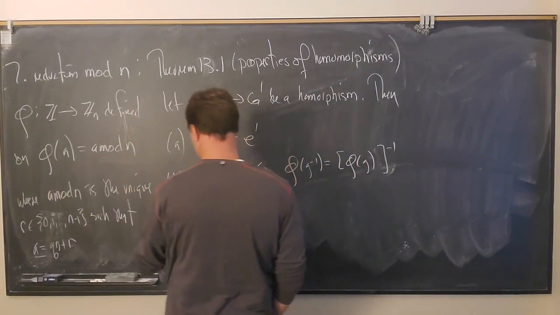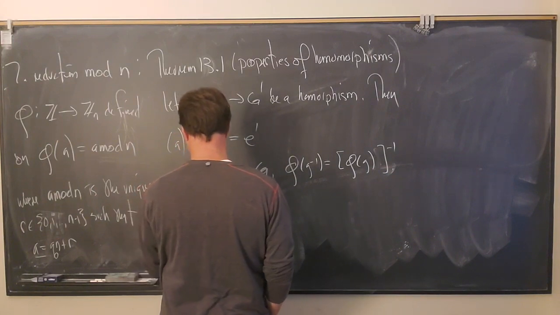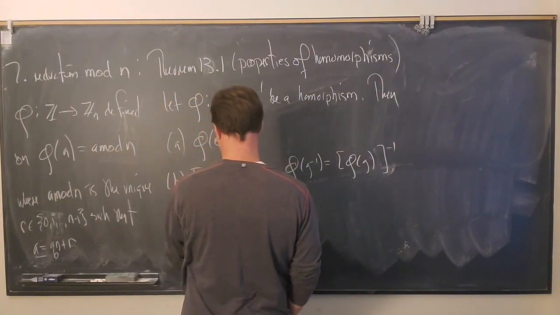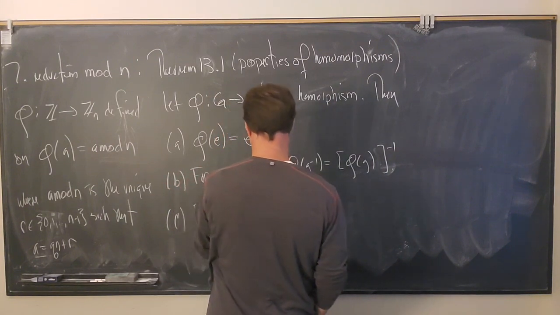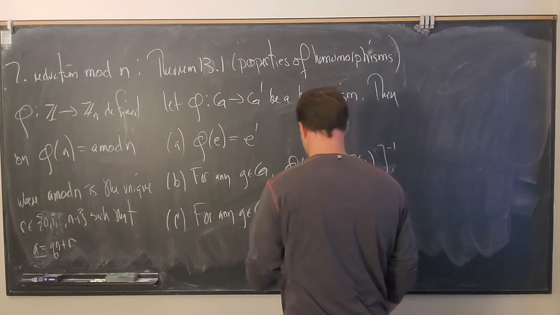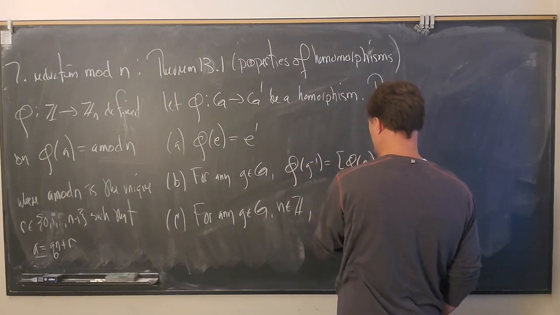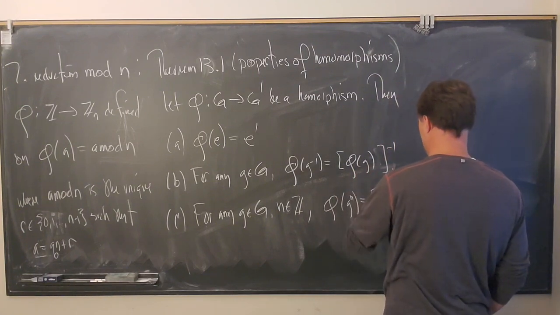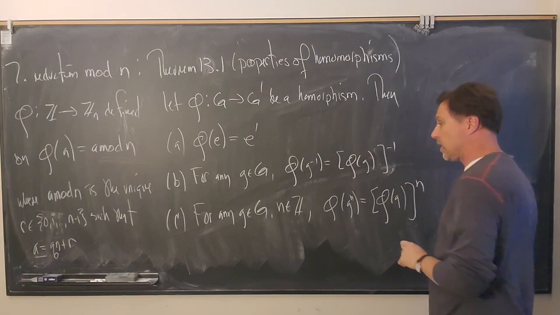More generally, for any little g in capital G and integer little n, phi of g to the n is equal to phi of g raised to the n.